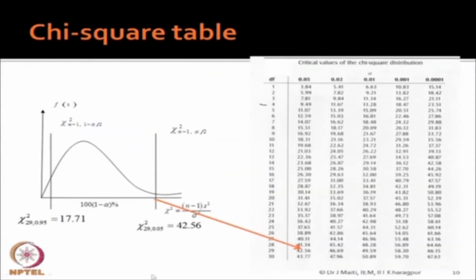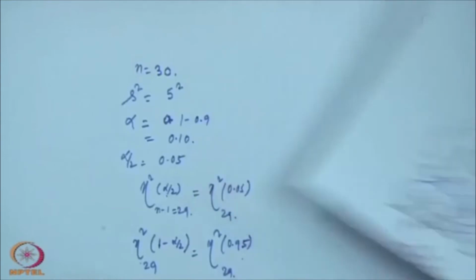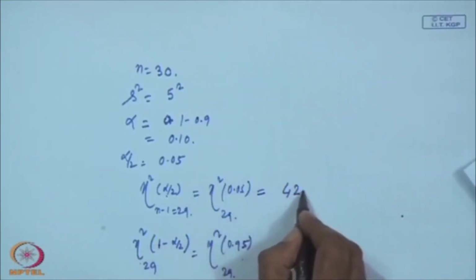You see this table, where alpha by 2 is 0.05. We first want to know chi-square with degree of freedom 29, and what is this value? That value is 42.56. So, chi-square 29, 0.05 is 42.56.